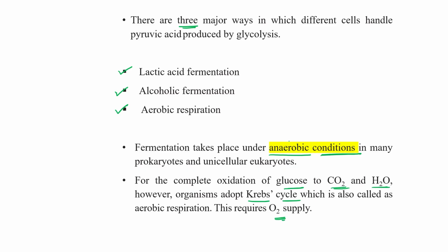We also use the term aerobic respiration for the same, and that aerobic respiration requires oxygen. So in anaerobic conditions, or in anaerobic cells and anaerobic organisms like prokaryotes and some unicellular organisms, fermentation occurs. It may be lactic acid fermentation or it may be alcoholic fermentation.